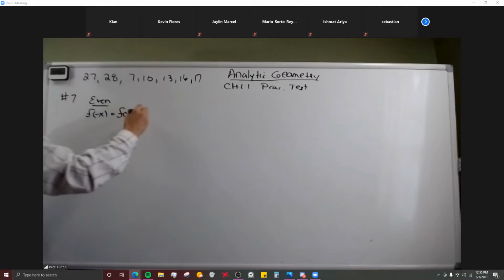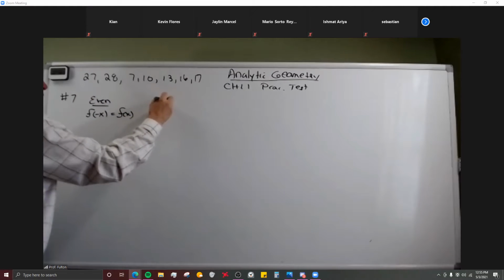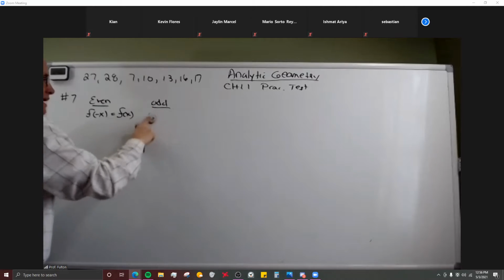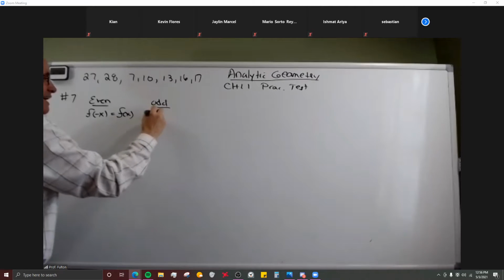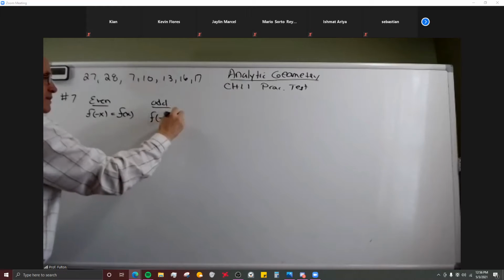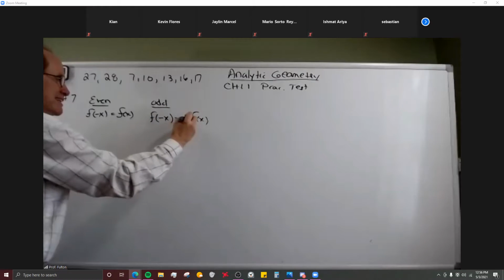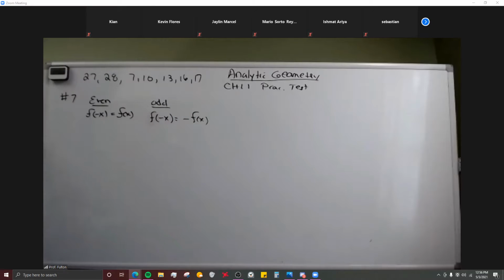If, however, when I change the sign of the argument of that function, I get the original function back with the negative appearing out front, that's odd. If it doesn't satisfy either one of those, it's neither. A function can be odd, even, or neither.